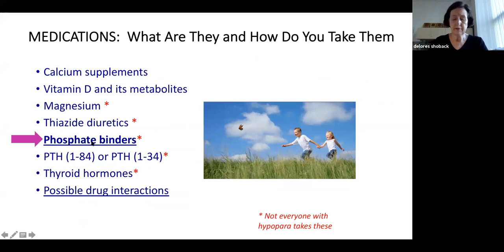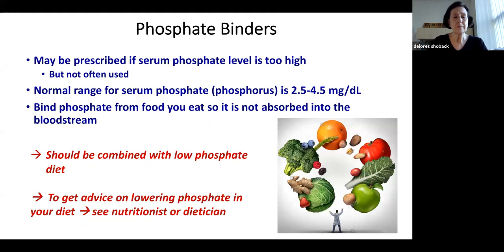Okay, let's turn to the phosphate binders. I know there was a question, and we'll try to work on that one as we talk about these. Sometimes, and it's not common, they're not used very often, but sometimes they're prescribed if the serum phosphorus level is just too high and you can't lower it with diet.